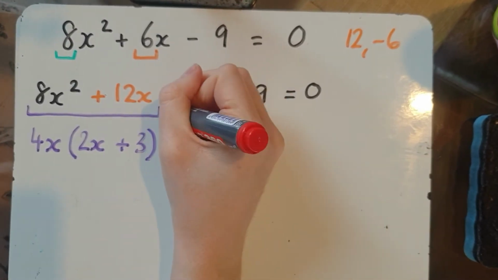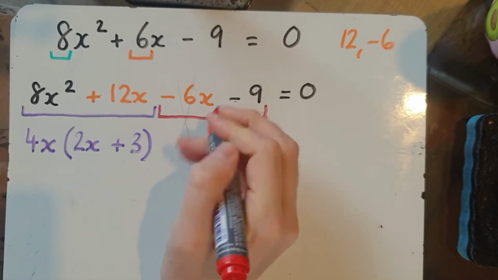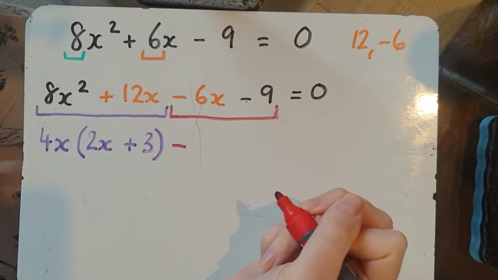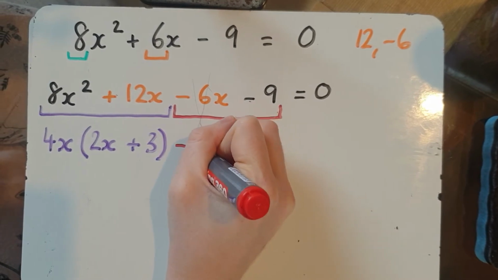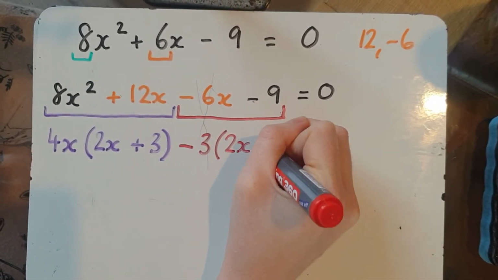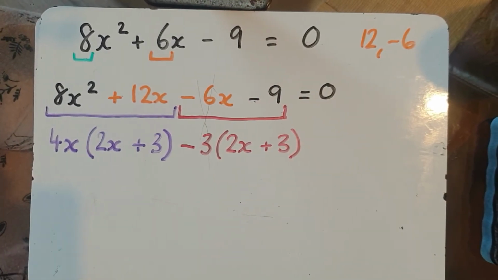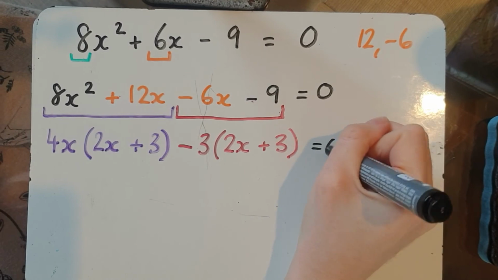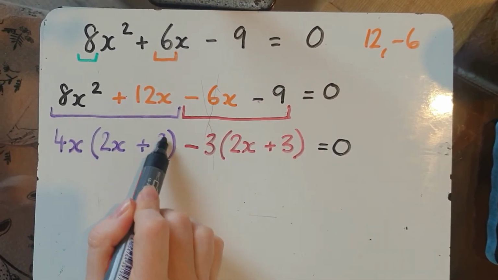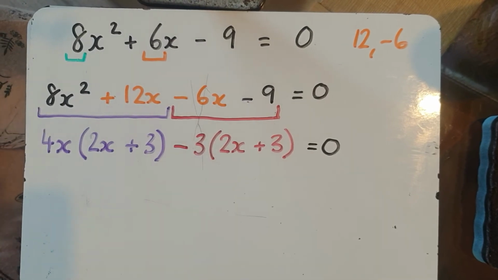And then doing the same with this side. They're both negative, so I can take a minus out. I can take 3 out, and that goes into 2x plus 3 again. And that is what I want to see. I want this bracket and this bracket to match.